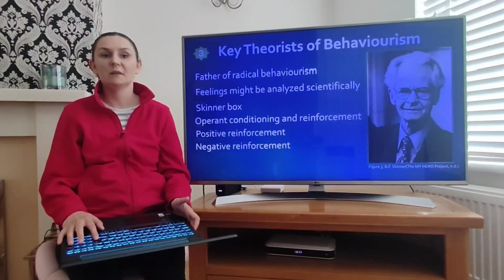Skinner was also the father of operant conditioning, where behavior can be modified based on outcomes and consequences, with positive or negative reinforcement. His experiment was called a Skinner box and was performed on rats and pigeons.